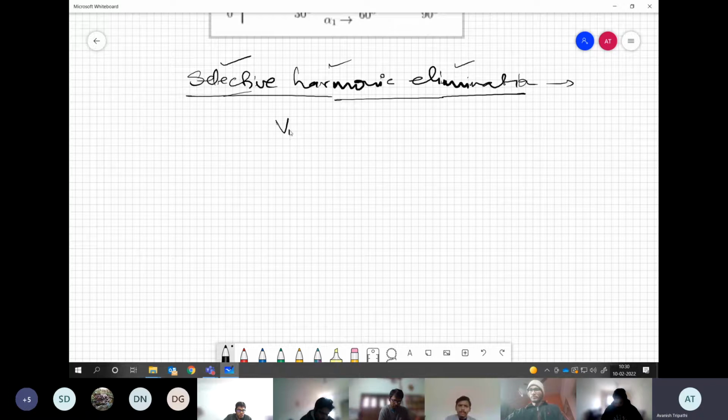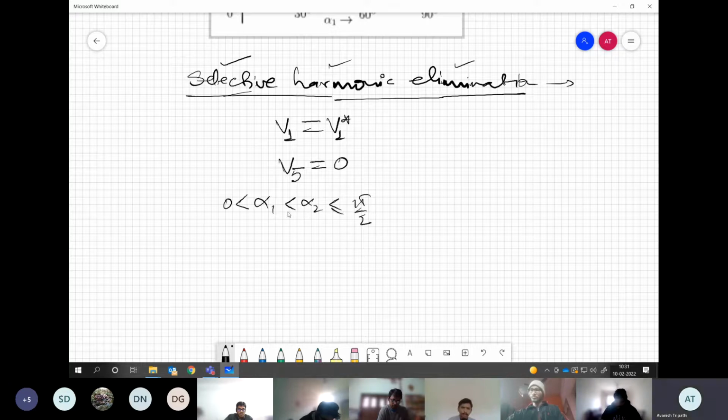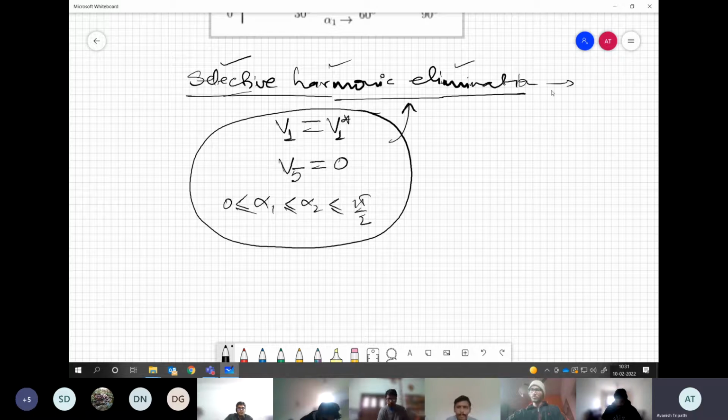The conditions are your fundamental should be fixed at a desired value. It cannot be random. First condition is that. Then the harmonic which you want to eliminate, say fifth harmonic. So this is second equation. And then the inequality you are having for alpha 1 and alpha 2. So these three equations must be solved to get this selective harmonic elimination PWM.